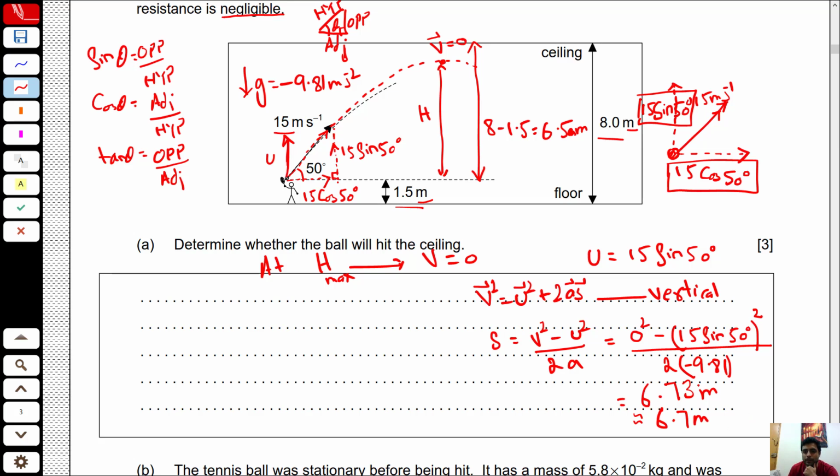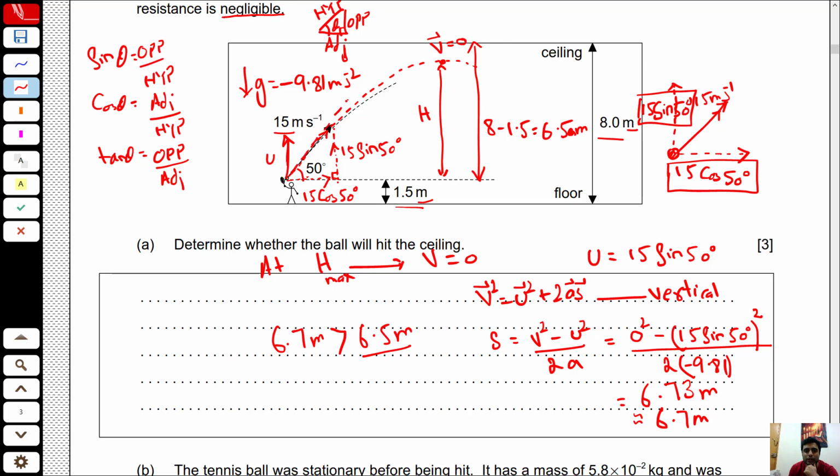So the maximum height that can be achieved by the ball is 6.7 meters, but as we know, the available height to the ball is 6.5 meters. Since 6.7 meters is bigger than 6.5 meters, the available height, it means the ball definitely has to hit the ceiling before it can travel an extra distance.